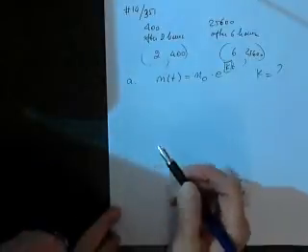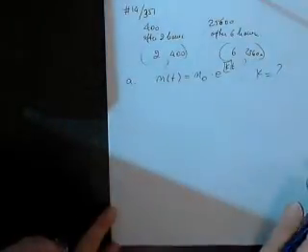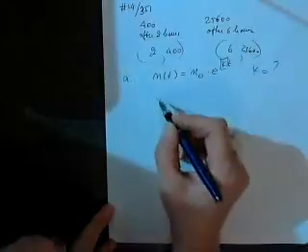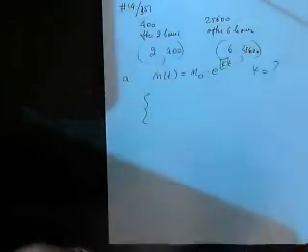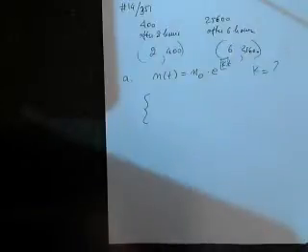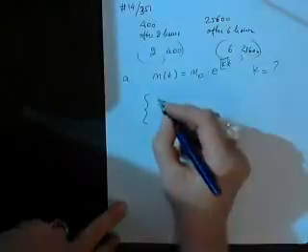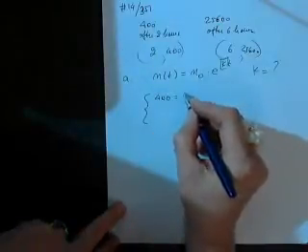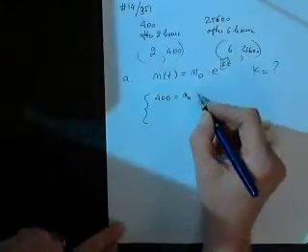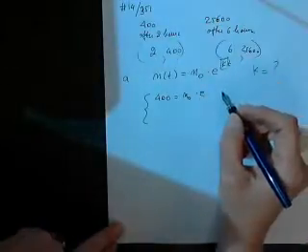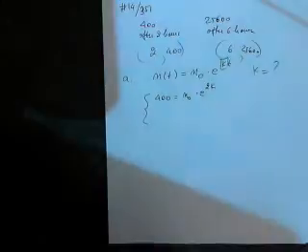Exactly. I'm ready. I have to plug in the first point, and then I have to plug in the second point. So can anyone dictate? For the first point, what do I write? 400 equals N0, which is unknown, the initial number, e to k times 2. Very good. Excellent.